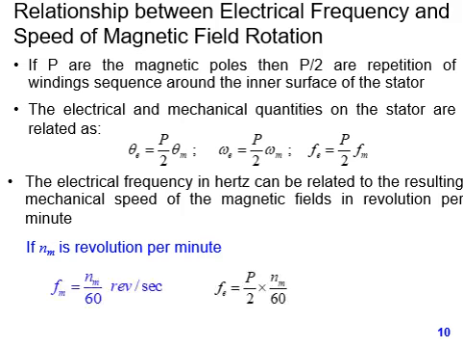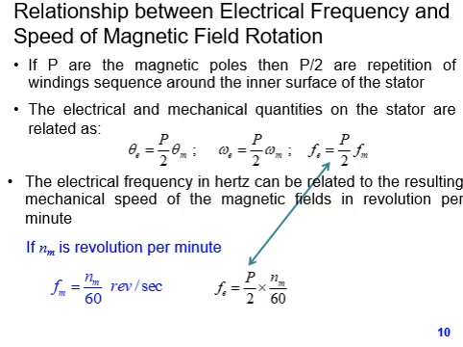If Nm is in revolutions per minute, then if we know the value of f m, we can substitute it in the equation for f E. We will get P over 2 times Nm over 60.